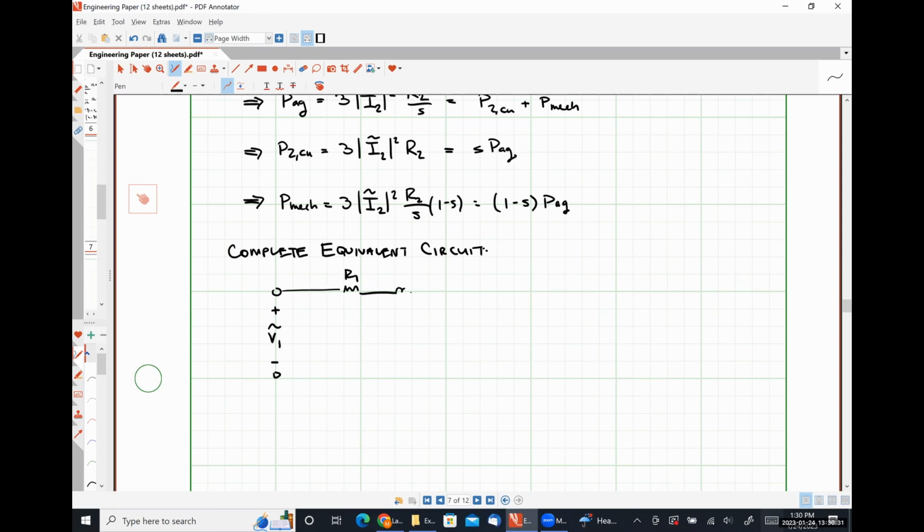So here we have R1, jX1, here's RC, jXM, and over here is my rotor part. So this is going to be jX2 prime or j A squared X2.